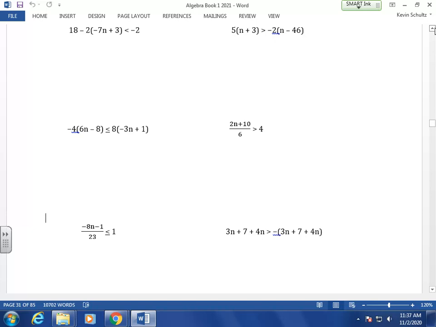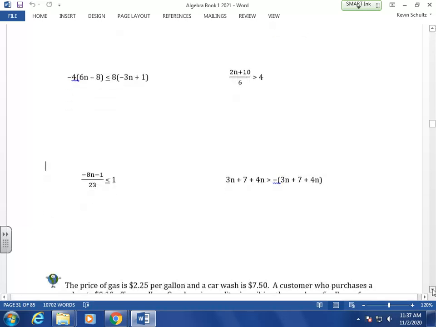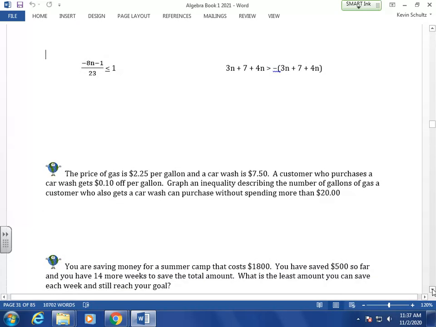Ready? Bottom left. Negative 8n minus 1 divided by 23 is less than or equal to 1. All right. Let me scroll down here a little bit so we can get that. Okay. So I take a look at what I have here. I see that fraction. And so my first thought is, how can I unfractionize that?